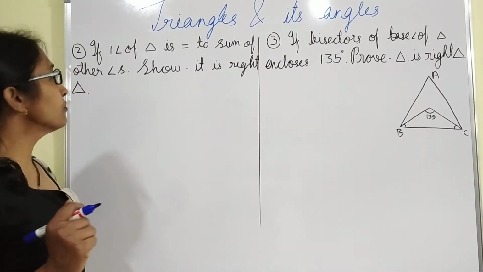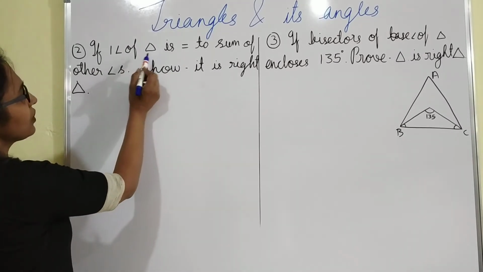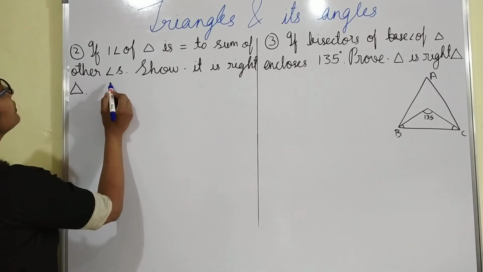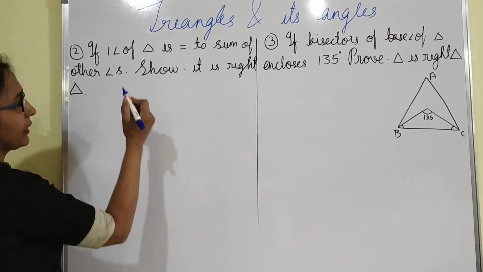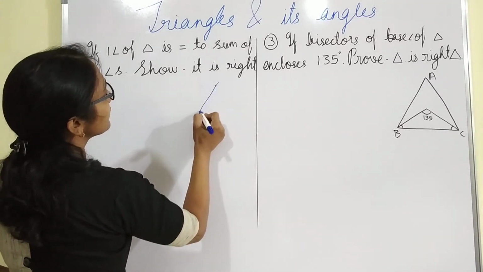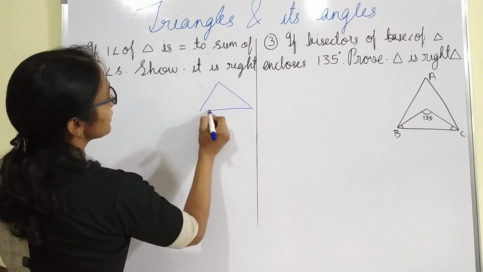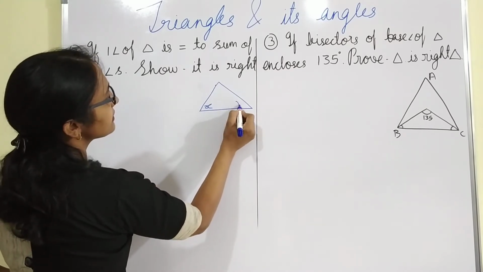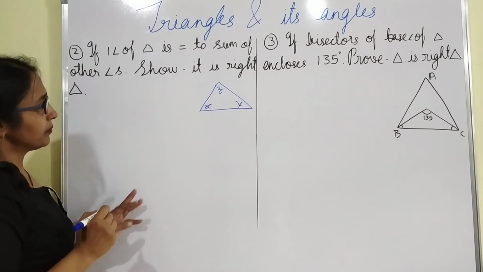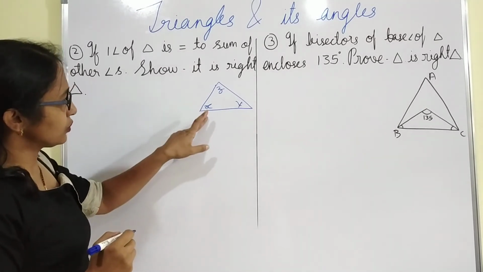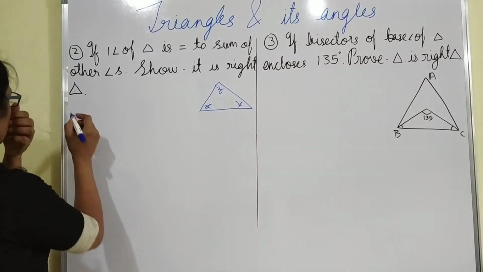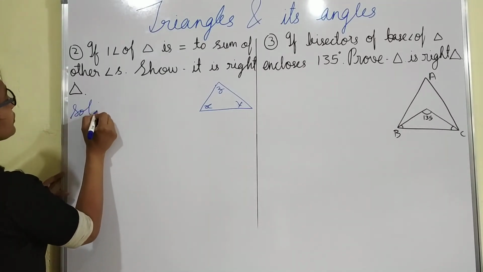Now next question is, if one angle of triangle is equal to sum of other two angles, show it is right triangle. Suppose it is x, y and z. Means one angle is equal to sum of other two angles. Okay. So solution.